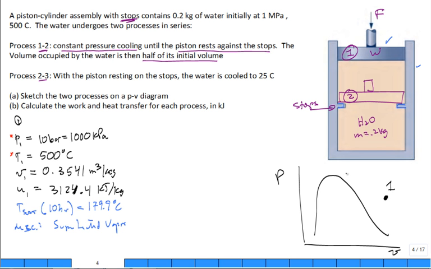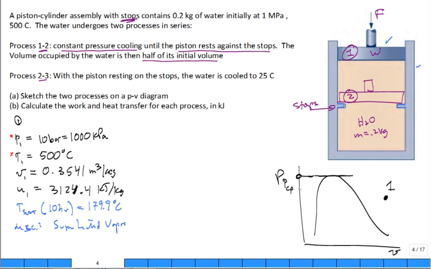Should I put state 1 above this pressure right here? I forgot the name of that pressure. Critical point pressure for water. 22 bar? 220 megapascal? Tell me the critical point pressure. 220 bar.